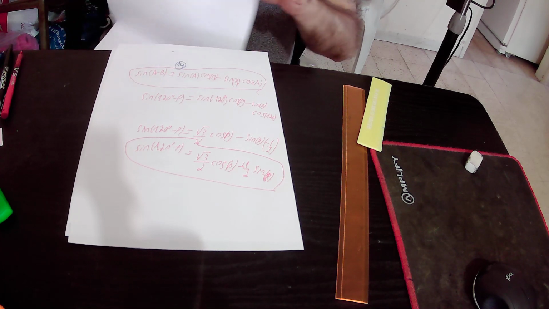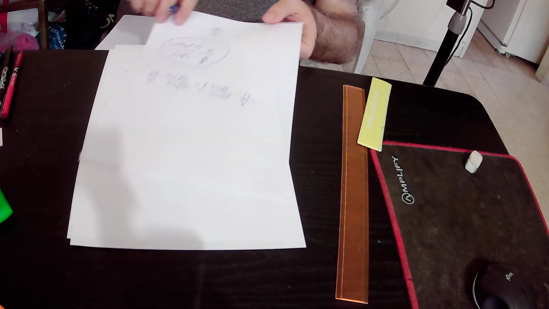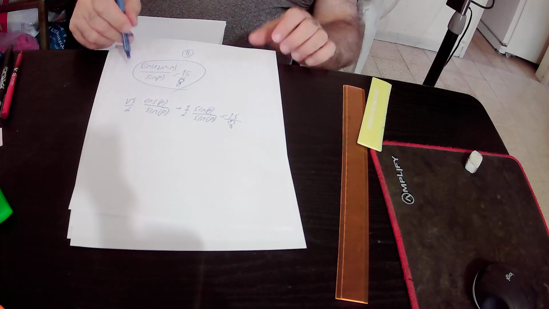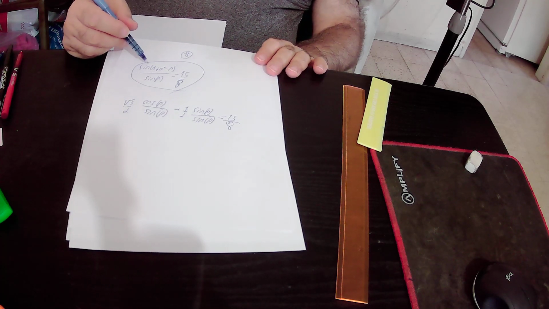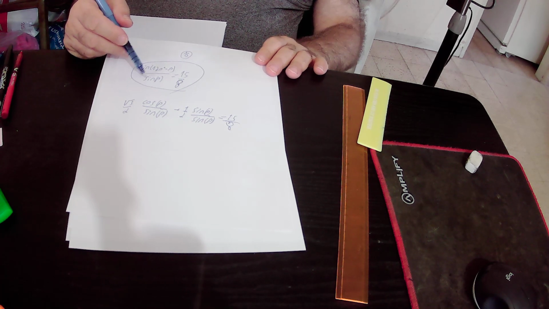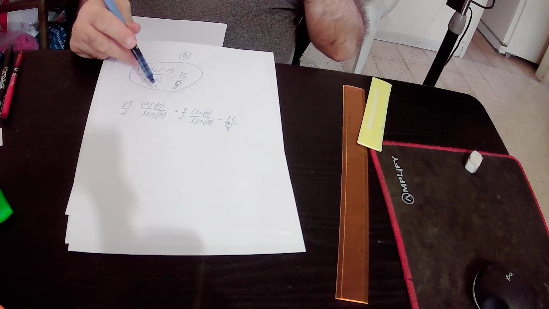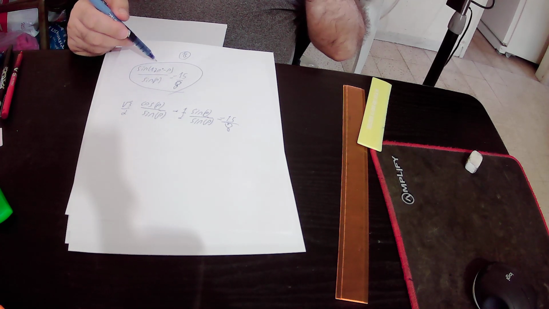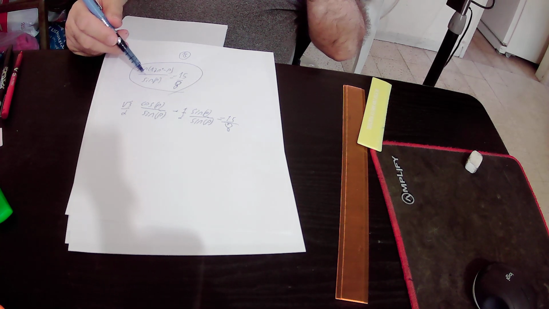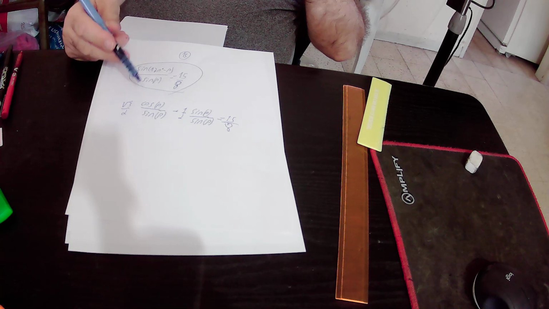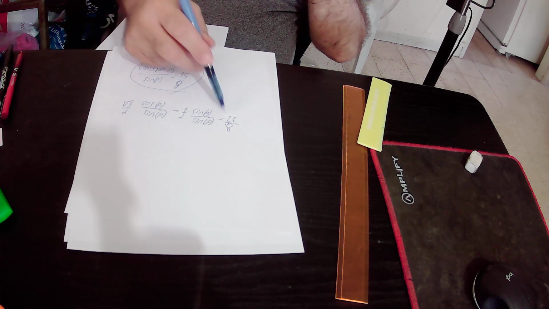We substituted sine 120 degrees minus p with this expression according to the trigonometric identity of sine a minus b, and here we divided it by sine p, and all equals 15 over 8.